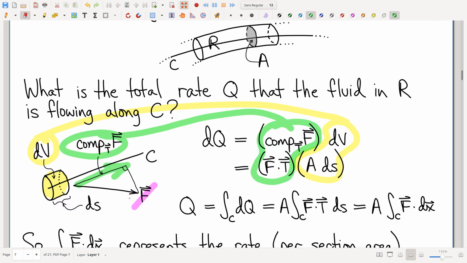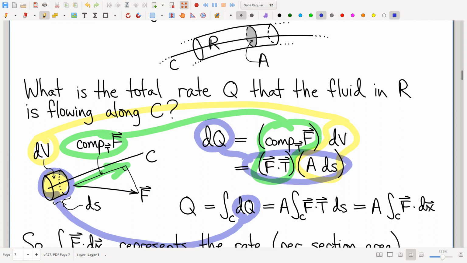So, in some sense, this is the answer to the question for that one little piece, right? This represents, for this one little piece here, how much that fluid is flowing along the curve. And I can then say, okay, well, I'm going to add that up over the entire curve.